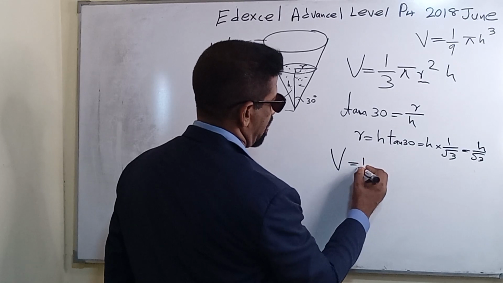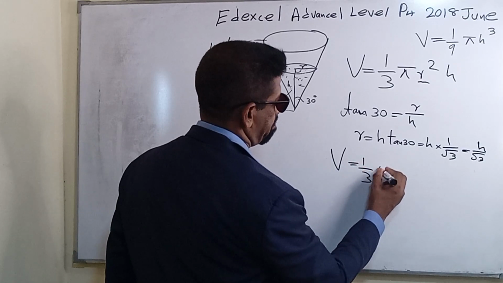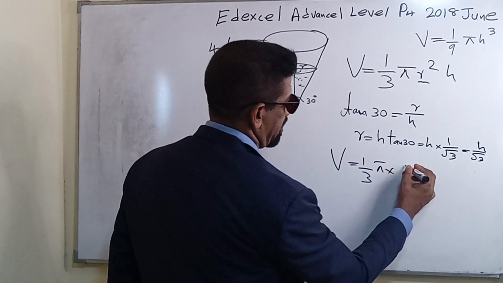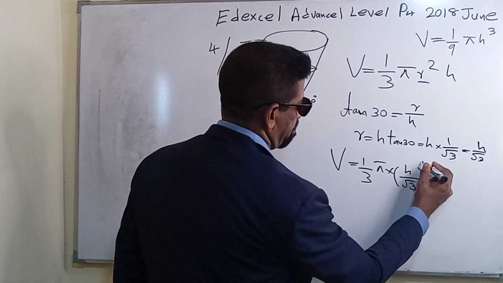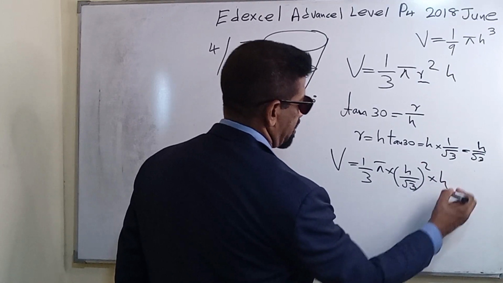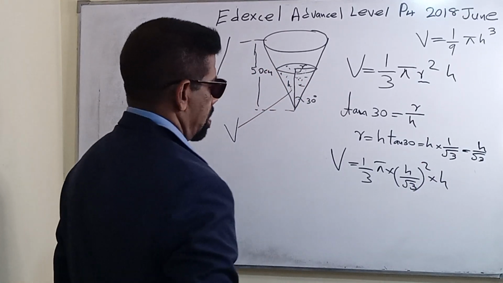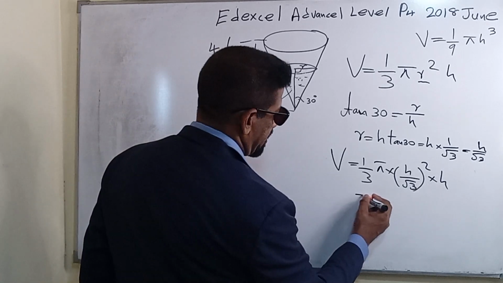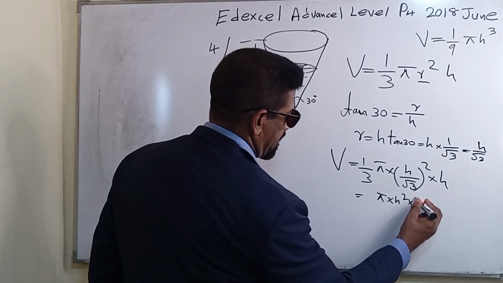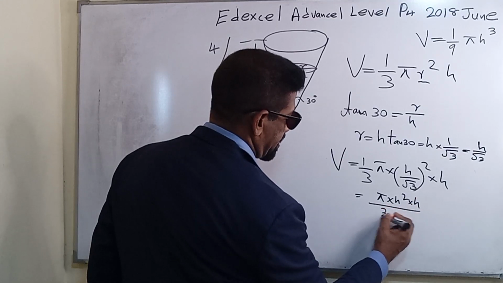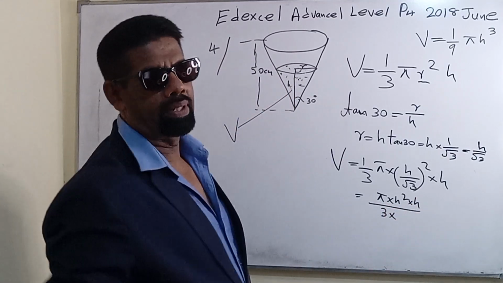V equals 1 over 3 pi times (h over root 3) squared times h. So pi times h squared times h over 3, and root 3 times root 3 means 3.